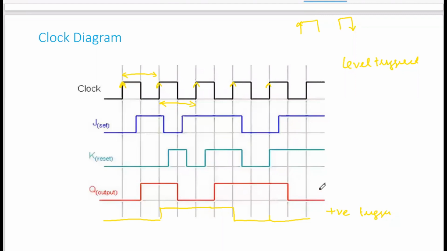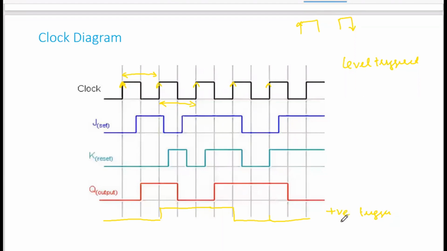So this is the difference between edge triggering and level triggering. Level triggering means that whenever your system is on, your output will be changing according to inputs.